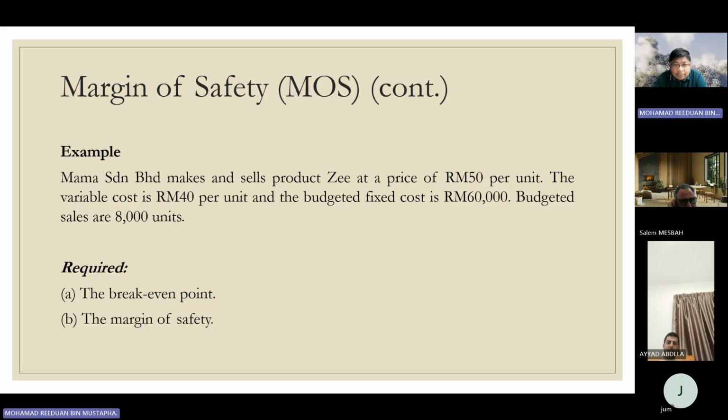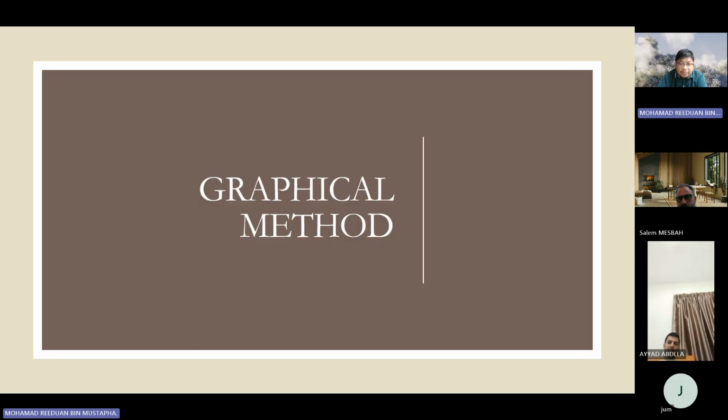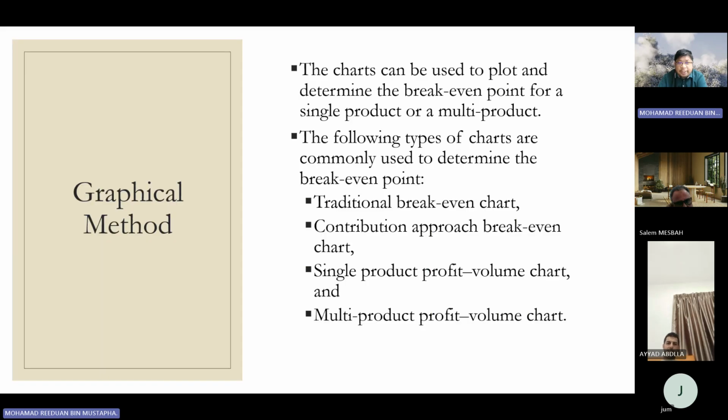Okay, so I think I will write down the details, so you can understand this one. So in the graphical method, this is quite a straightforward method. The chart can be used to plot and determine the break-even point for a single product and multi-products.